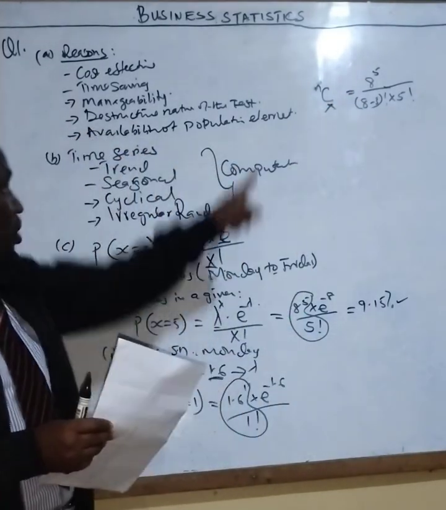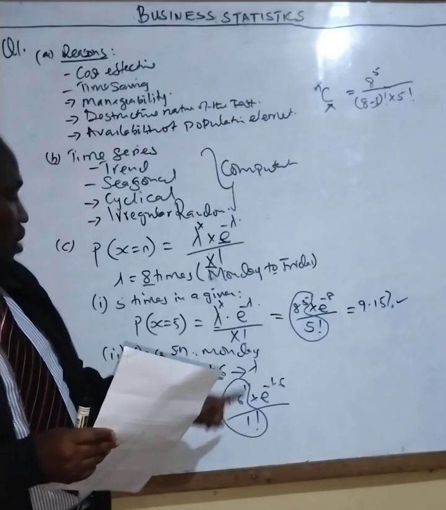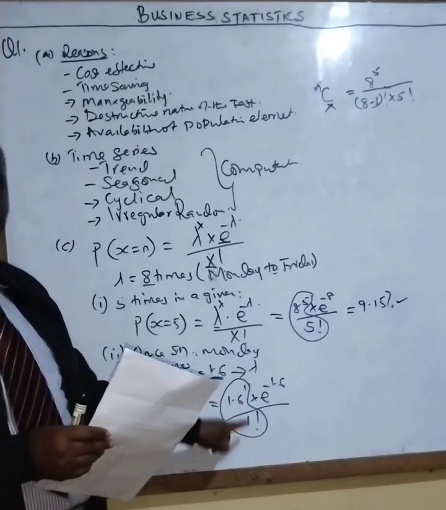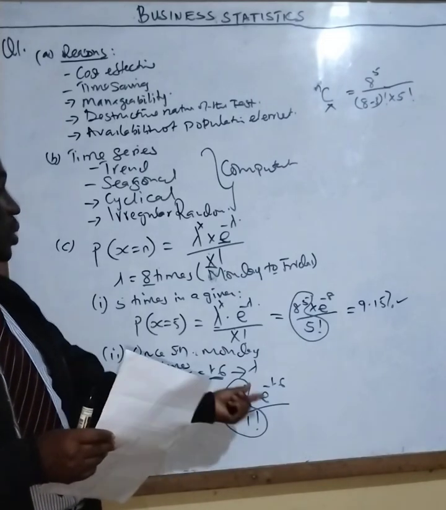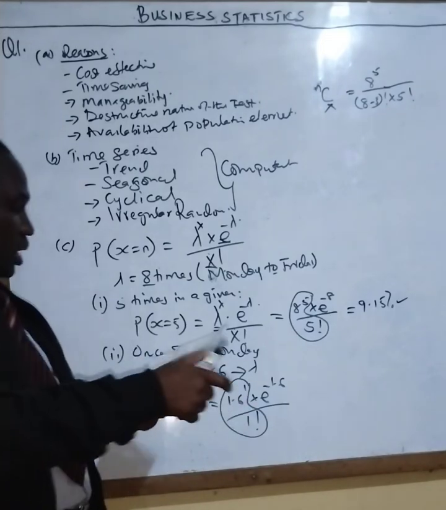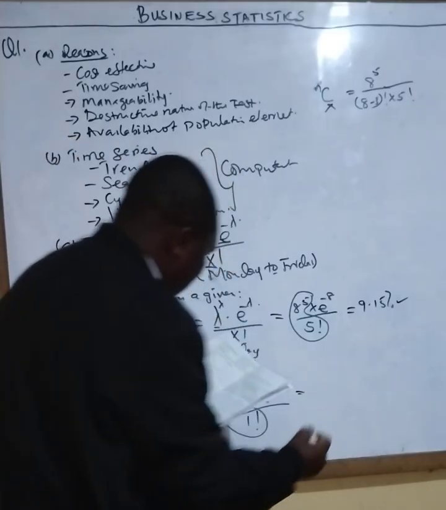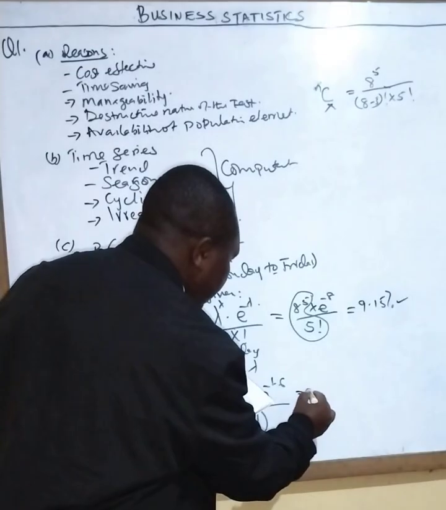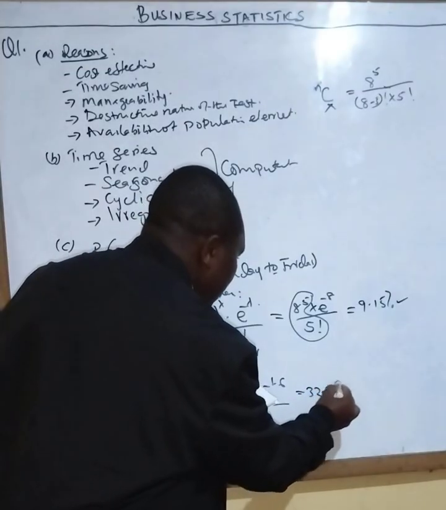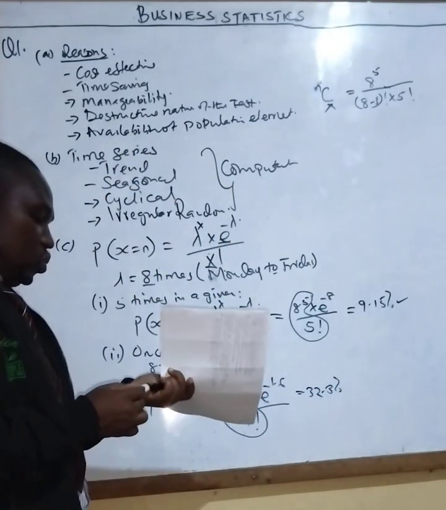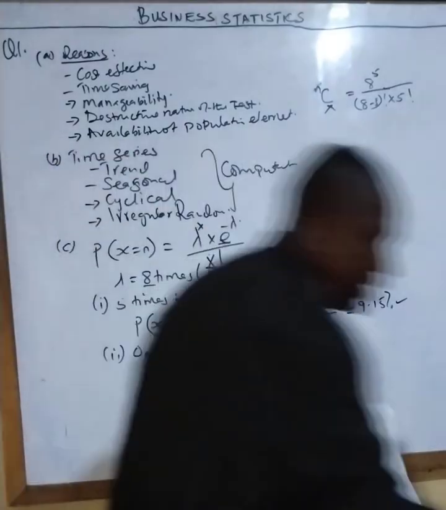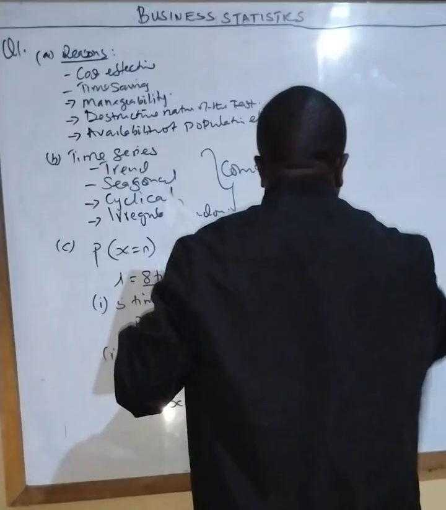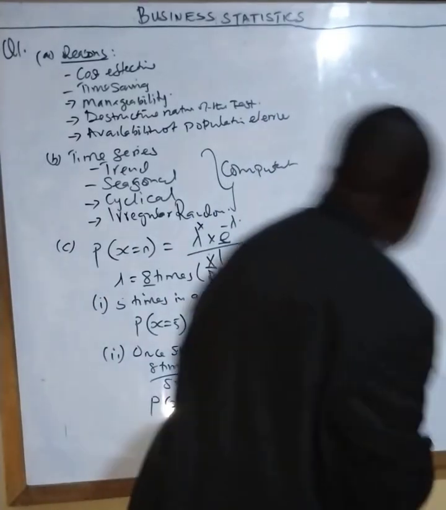Instead of 8 power 5, you just say 1.6 power 1, then permutation 1. You get the answer. Then from there you work out as usual. When you press your calculator very well, class, the answer you're supposed to get there is 32.3%.